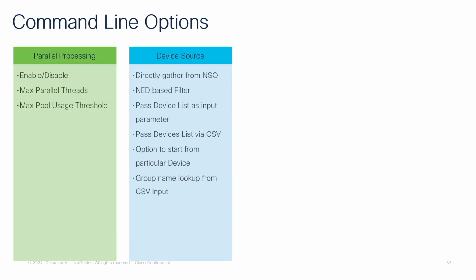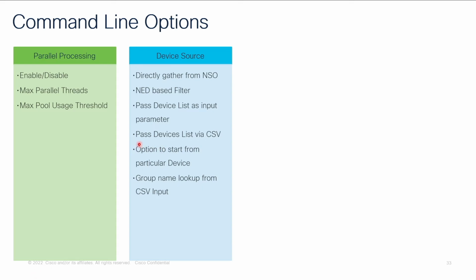The next one is the source of truth. How many devices? By default, all the devices of our NSO. If you have 2,000 devices or 5,000 devices, it will collect that information. Otherwise, we have some other features available. If you want to generate a report for a few devices, you can put comma separated device information through a parameter. Otherwise, you can list all the devices in a CSV file.